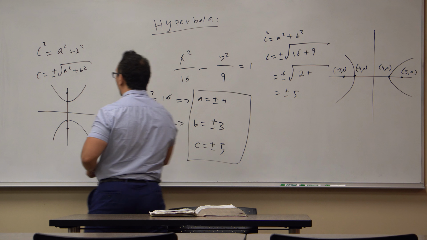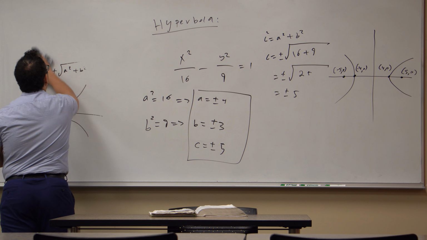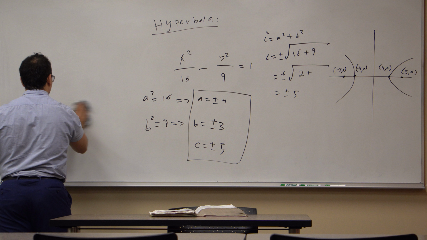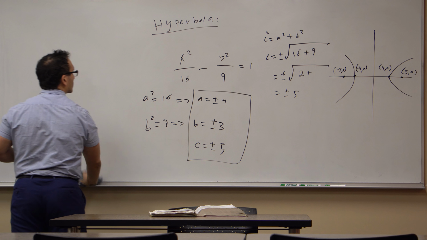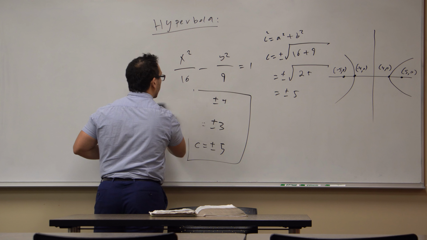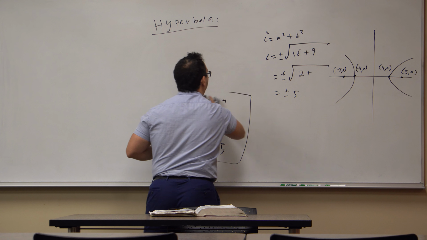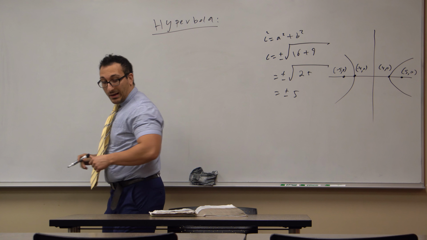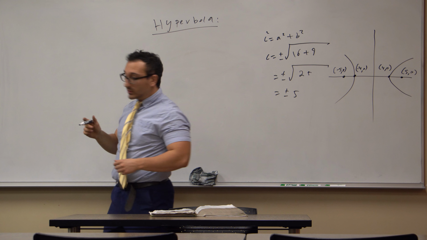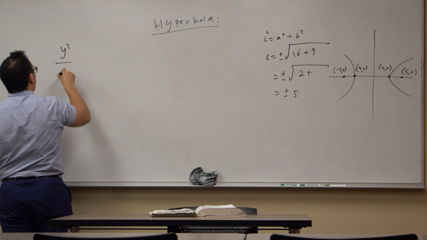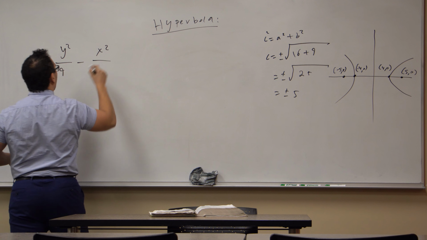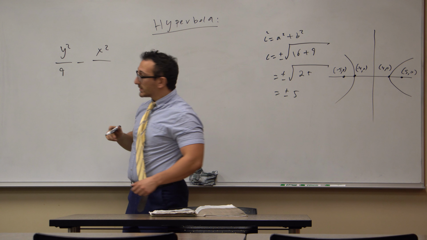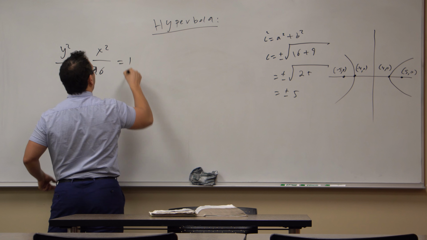Okay. Let's delete this here. Now let's try y squared over 9 minus x squared over 16 is equal to 1.